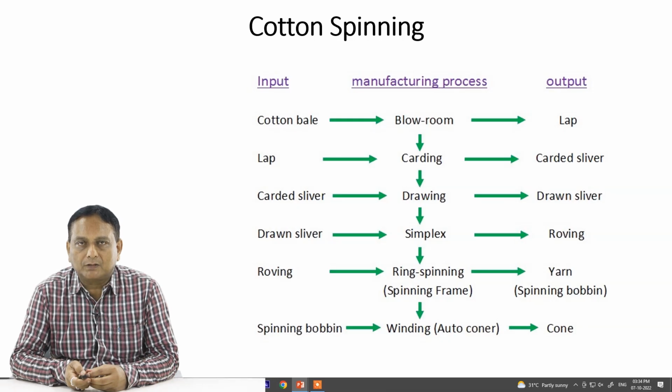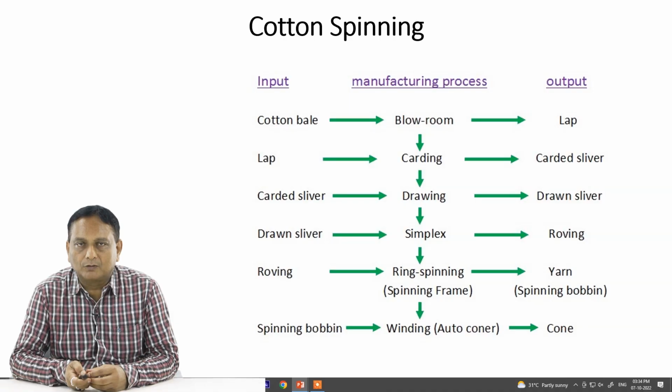Now the cotton bale is fed into the blow room and the output is the lap. Then the lap is the input of the carding and the output material is carded sliver. Similarly, the carded sliver is given to the drawing operations, and drawn slivers are produced. The drawn slivers go into the simplex, and roving is the output of that.